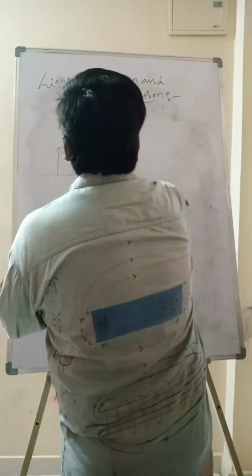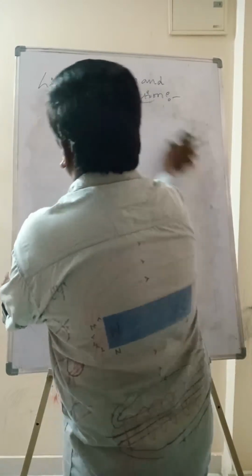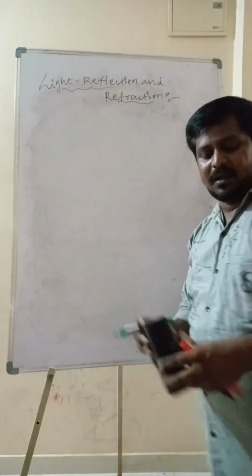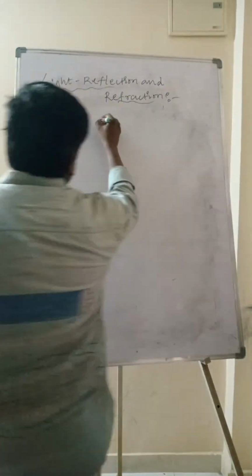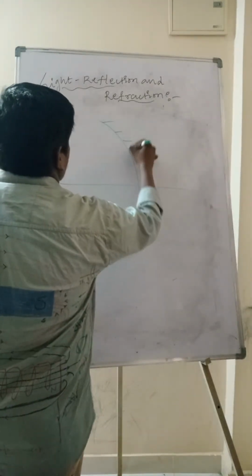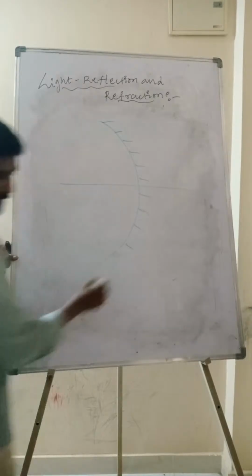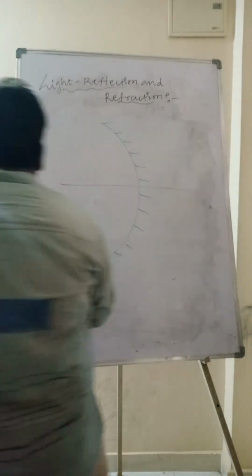So next, the next image formation. The object is placed at center of curvature. I am taking this object.